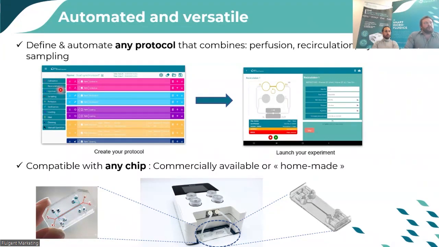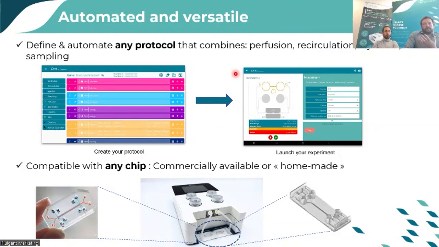How it works, you just drag and drop those functions, and it makes a sequence. So you program it on your tablet, and then you load it to OMI. When the program has been loaded into OMI, you can launch it, and it will be totally autonomous.